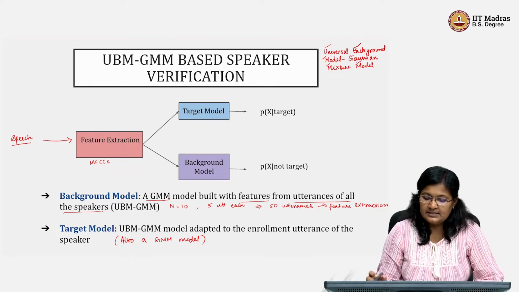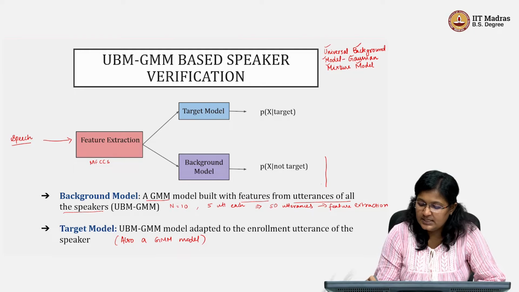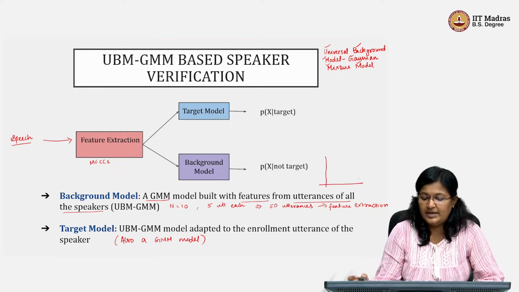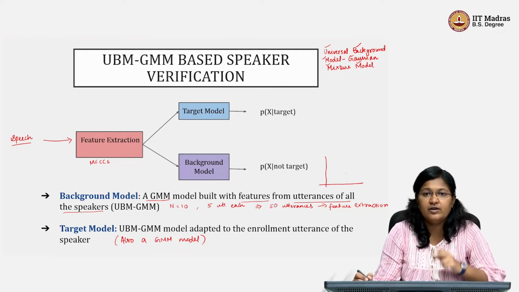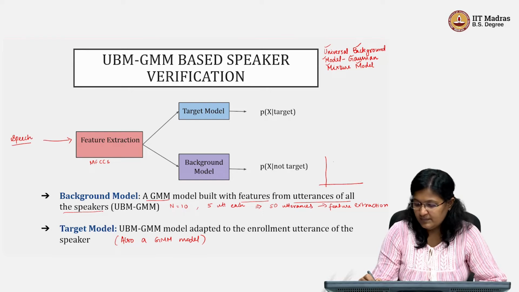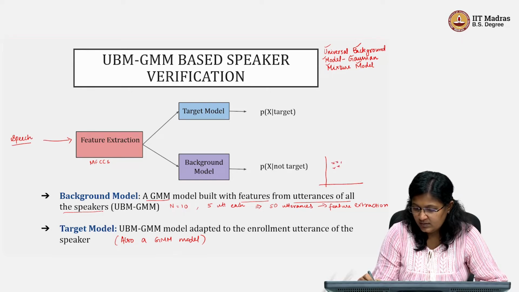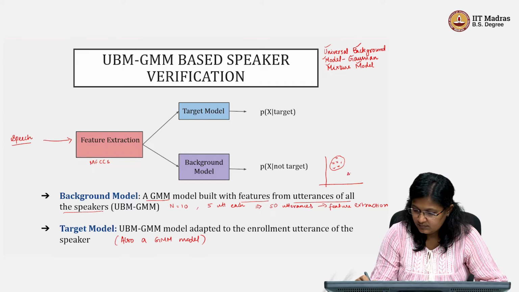And with these I'm going to build a GMM. Let's say I am in 2D space and I have a 2 mixture Gaussian. This is one.